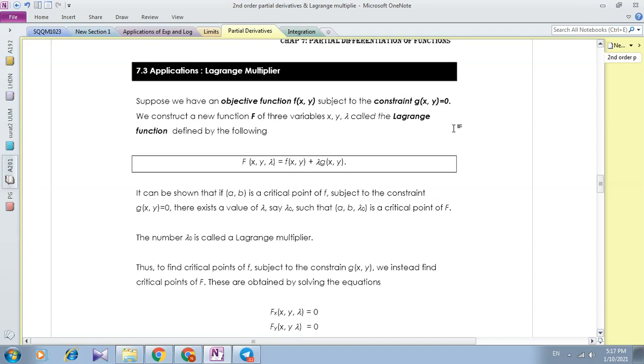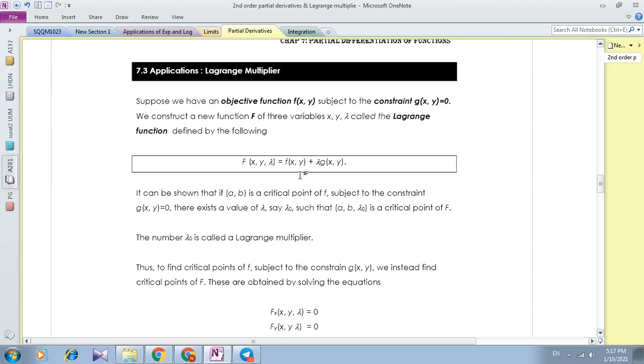We construct a new function, capital F, of 3 variables. Now we are dealing with 3 variables because we have x, y, and lambda. This symbol is called lambda. The whole thing on the right side, we call the Lagrange function.